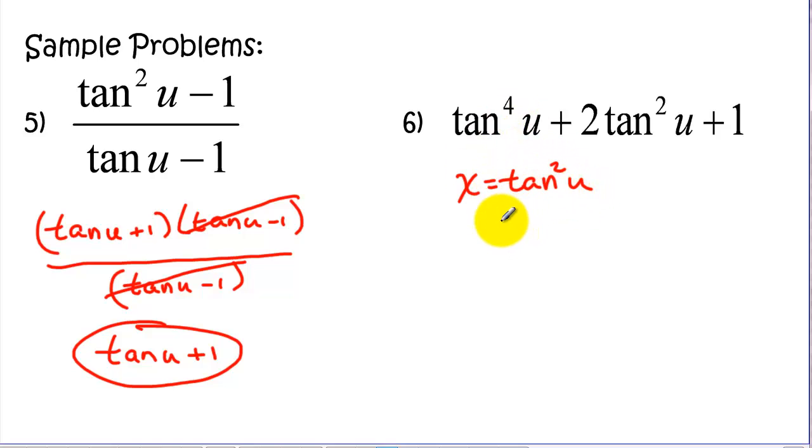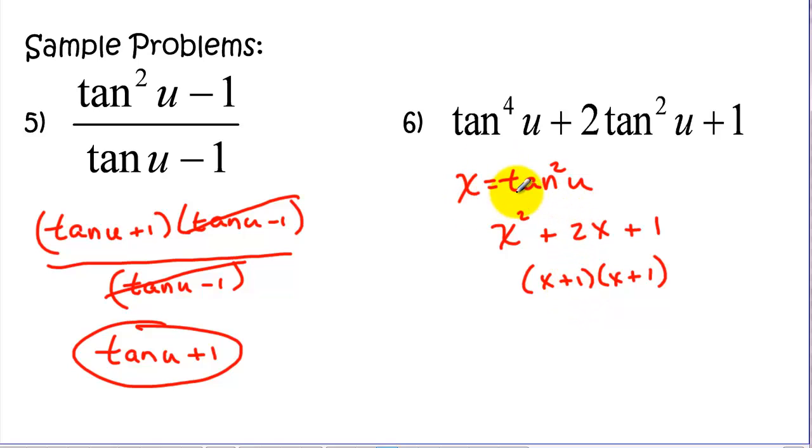So if I do that, I've got here x squared plus 2x plus 1. I noticed this because I've got even powers here. So this power is half of that power. So when I have that pattern, I can turn this into a polynomial that looks like that. And this factors into x plus 1 times x plus 1.